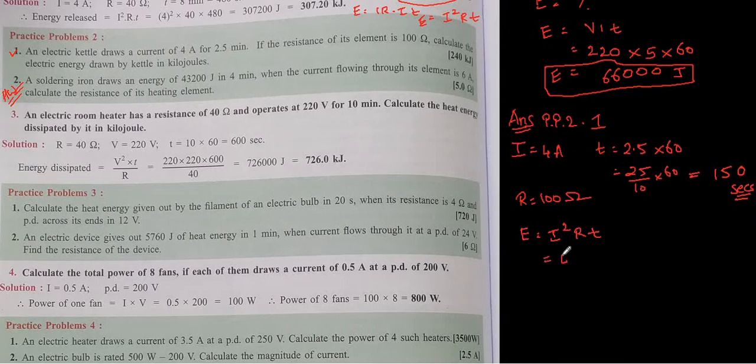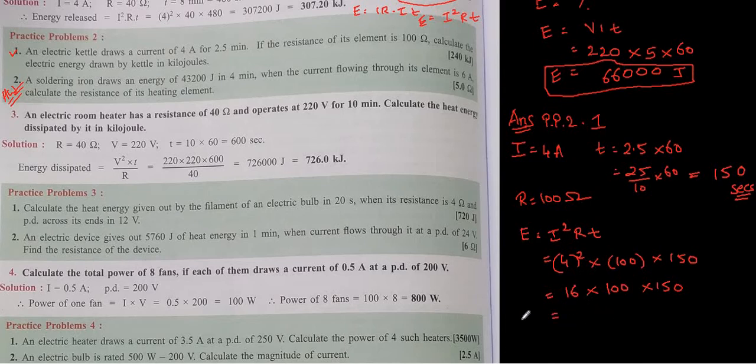I is given as 4. Square it. So 4 square multiplied by 100 multiplied by 150 seconds. Here 4 square is 16, multiplied by 100, multiplied by 150.